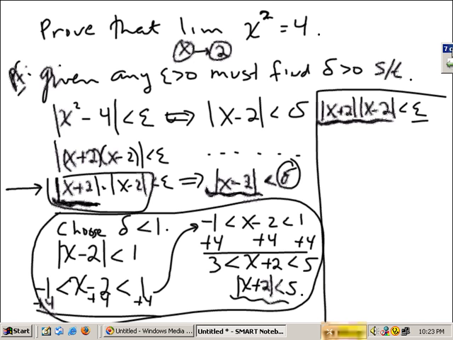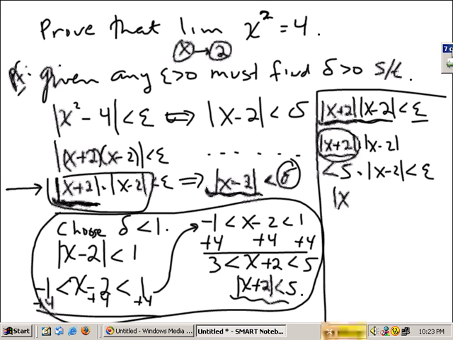But I know that x plus 2 is less than 5, so this is less than 5 times the absolute value of x minus 2. I just put the most that x plus 2 can be. So this is still less than epsilon. Dividing both sides by 5, the absolute value of x minus 2 is less than epsilon over 5.